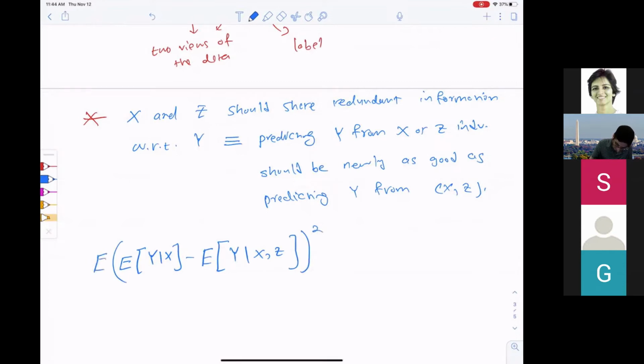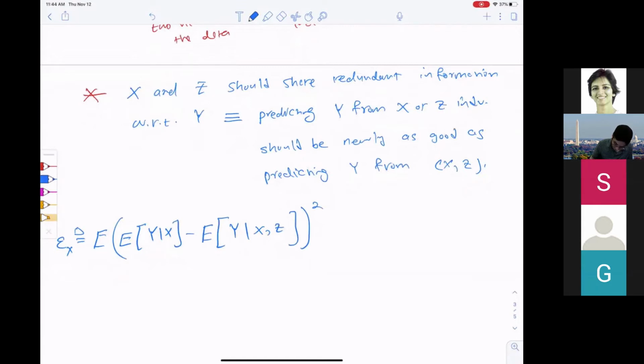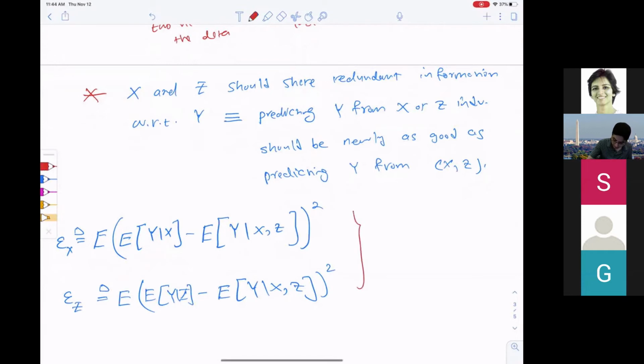So this error, let's call it error of X. That's the error when you only use X in your prediction compared to if you use X and Z in prediction of Y. Similarly, you can define error of Z, where you only look at Z. And that is the error with respect to Z. So the assumption is that these two terms are small.